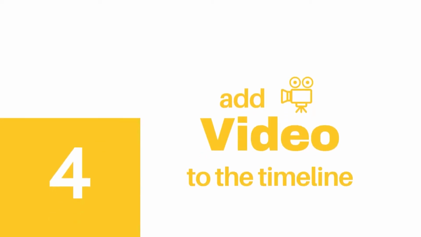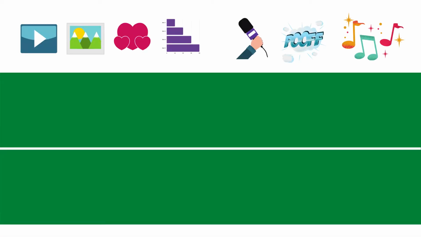Step 4, add video elements to the timeline. So you find a video that you've imported and you put it on your timeline. You just drag and drop it. Now, let's say you don't want the whole video. Maybe it's a video of someone snowboarding and they do a jump in the air and you only want to show the jump.